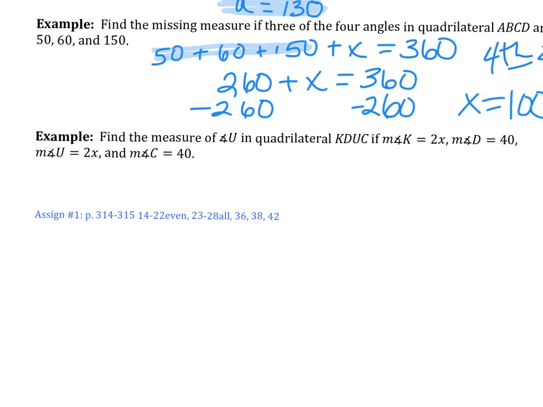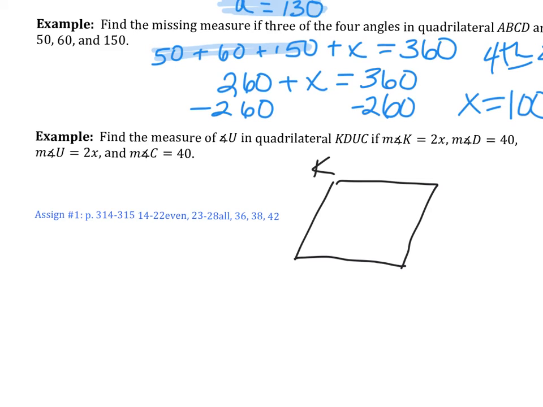All right, and our last one here, we've got: find the measure of angle U in quadrilateral KDUC if we know that the measure of angle K is 2x, the measure of angle D is 40, the measure of angle U is 2x, and the measure of angle C is 40.